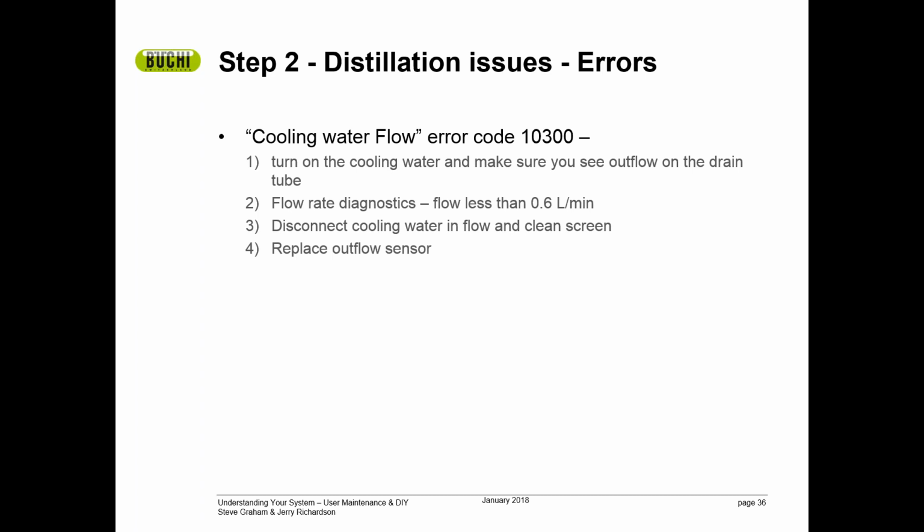The other reason you'll get this error can be the outflow sensor that actually looks at the flow rate. If that is in error, then the best policy is to call Buki service and let us replace it.